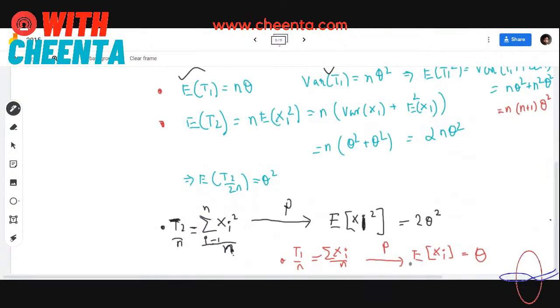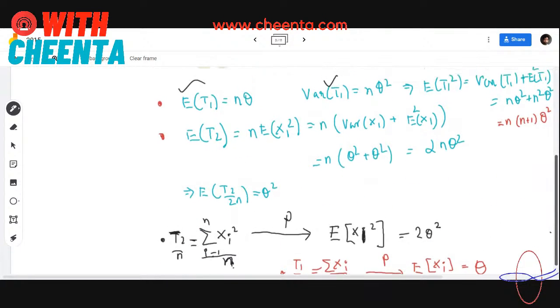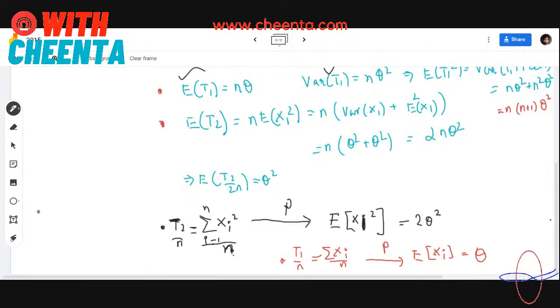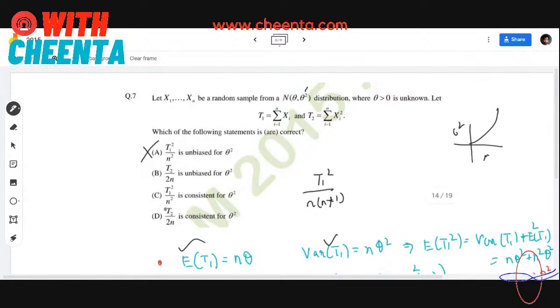So T1 by n converges in probability to theta, and if theta hat n converges in probability to theta, then theta hat n whole square also converges in probability to theta square, by the property of convergence in probability. Therefore this is consistent for theta square.